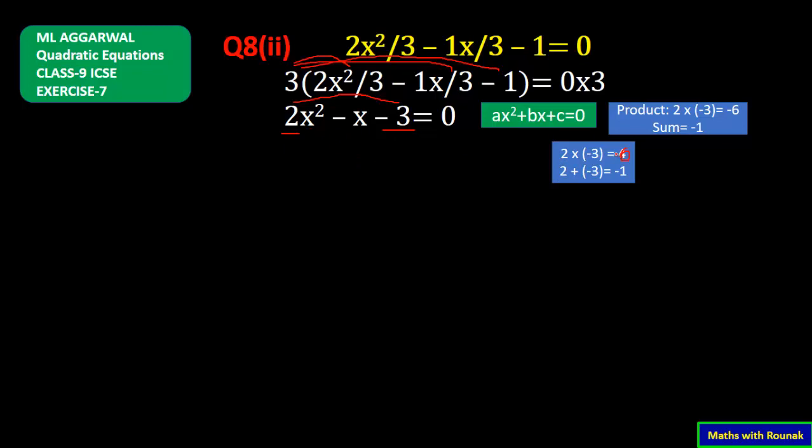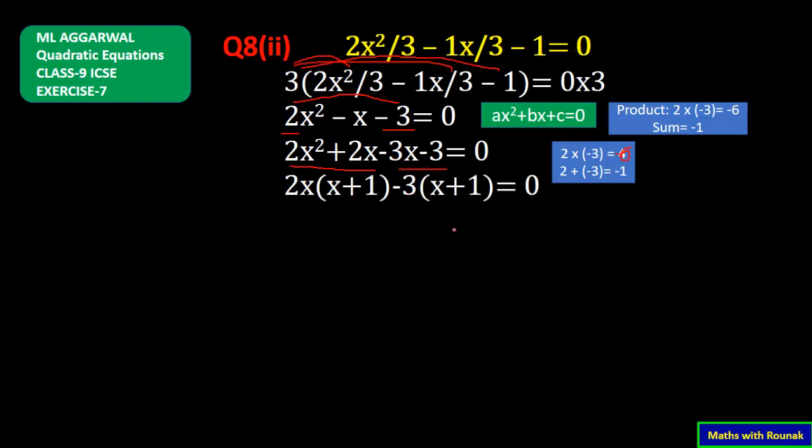So after splitting, we get the result as 2x² + 2x − 3x − 3 = 0. We can take 2x common from these two terms and negative 3 common from these two terms. So after factorizing, we get the result as 2x(x + 1). If we take 2x common from 2x², we are left with x, and if we take 2x common from 2x, we are left with 1.